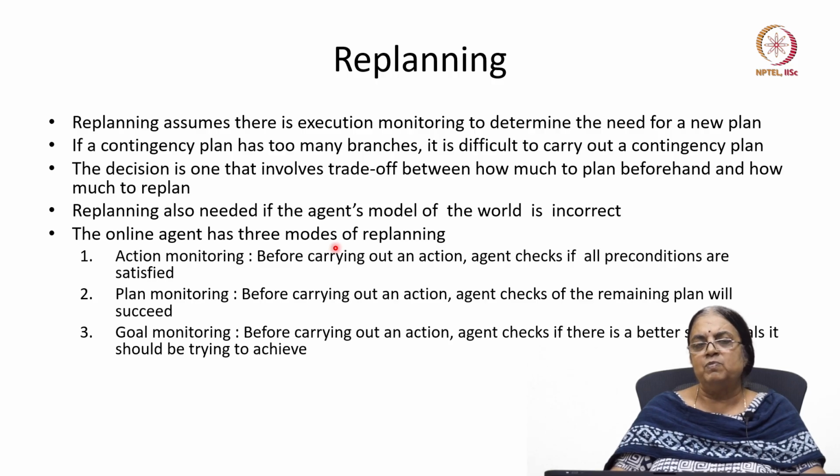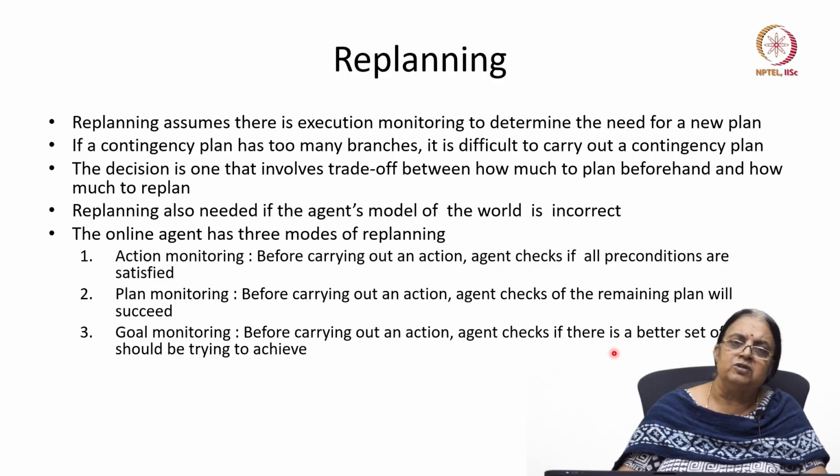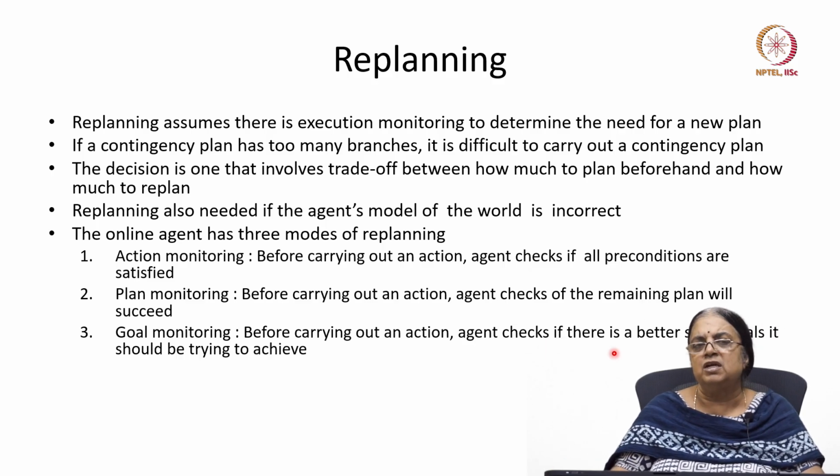Okay, you check if the preconditions for all the actions beyond this point are satisfied or not. And the third one is known as goal monitoring. Before carrying out an action, it checks if there is a better set of goals it could try to achieve. So it keeps checking whether it can find another way of carrying things out in a better way.